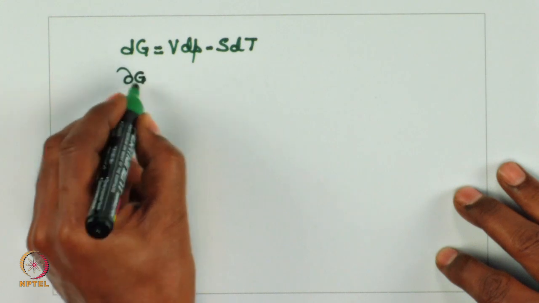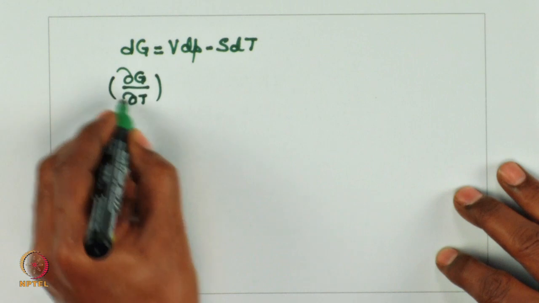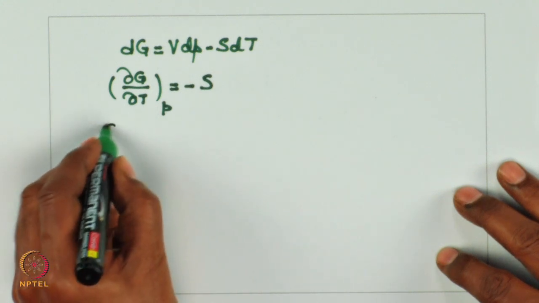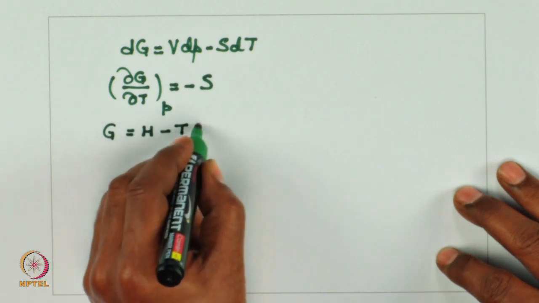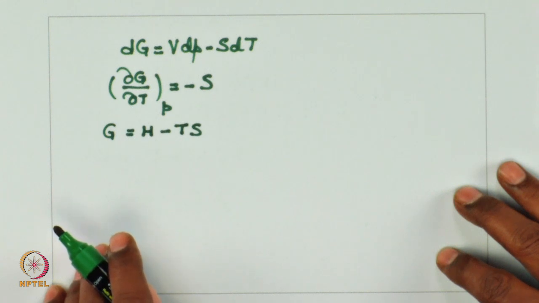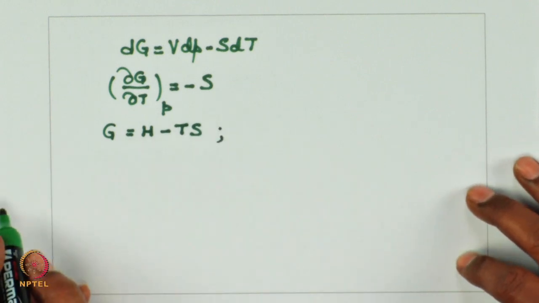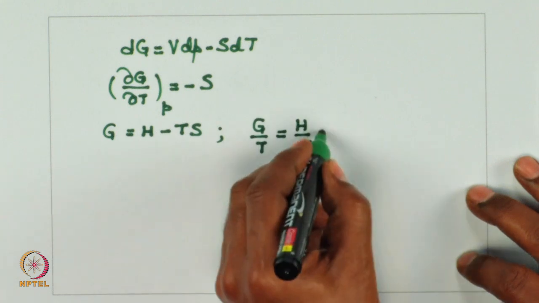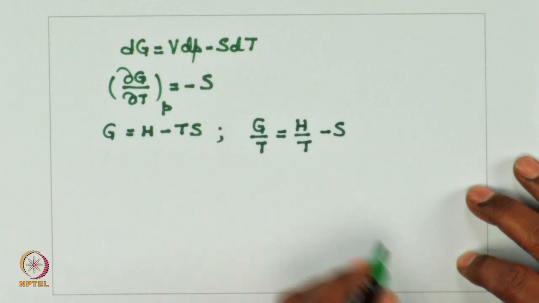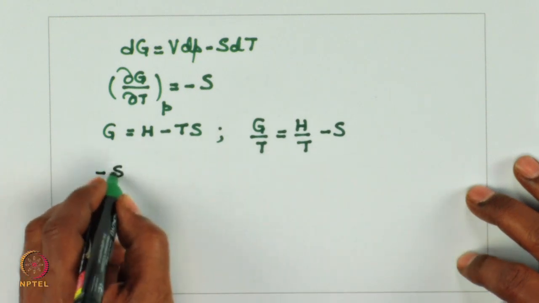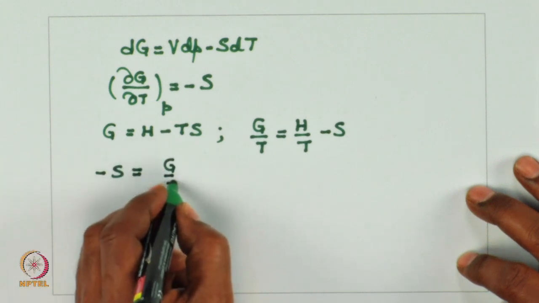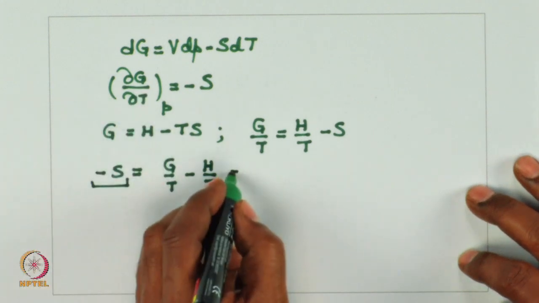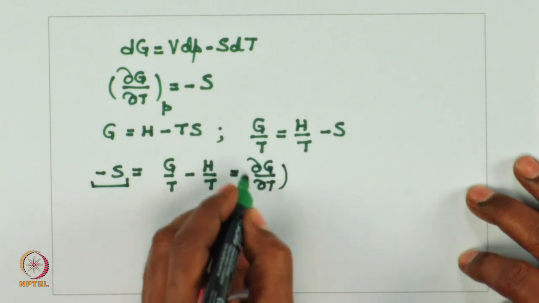And from this equation I can write dou G by dou T at constant pressure is equal to minus S. Now, let me write G is equal to H minus T S, and from this equation I can further write G by T is equal to H by T minus S, and further let me write like this: minus S is equal to G by T minus H by T, and this minus S is nothing but dou G by dou T at constant pressure.